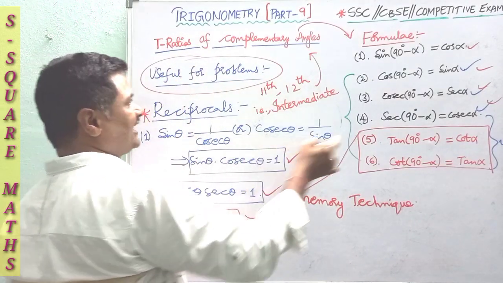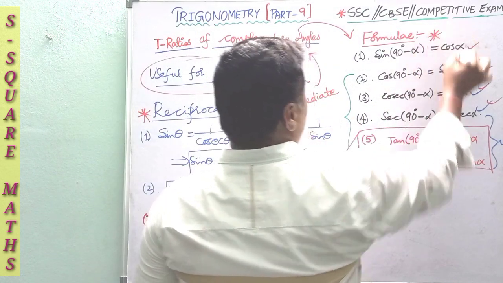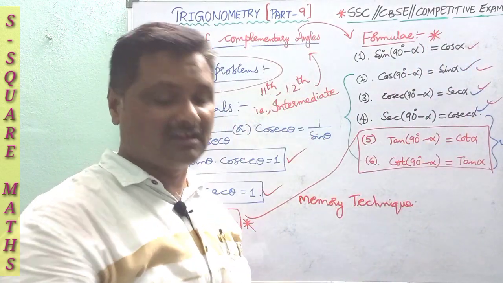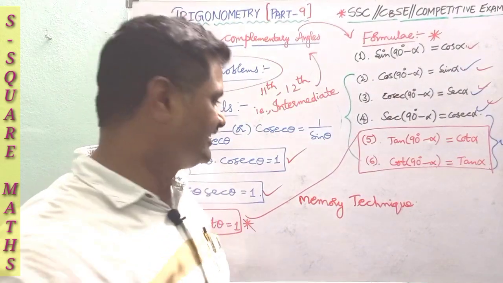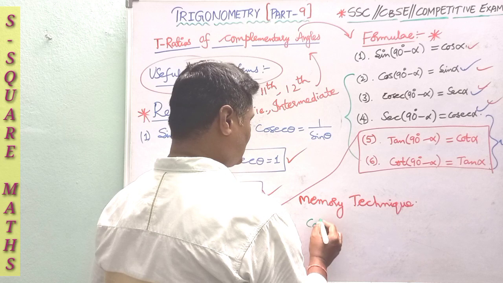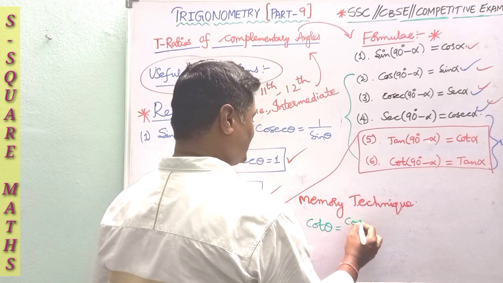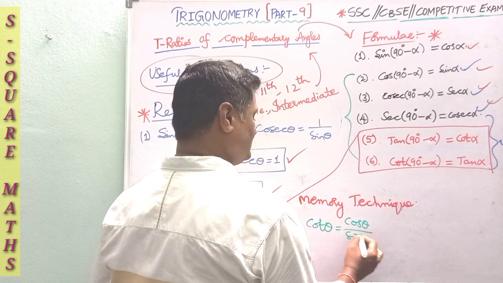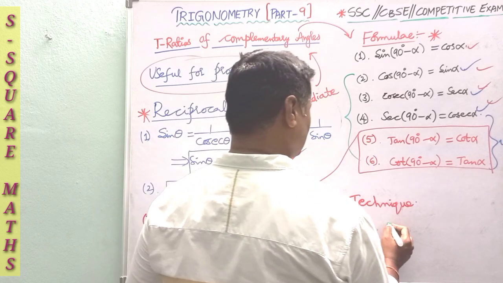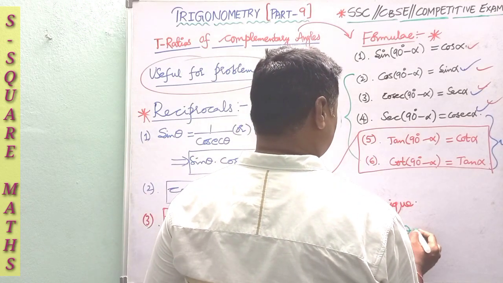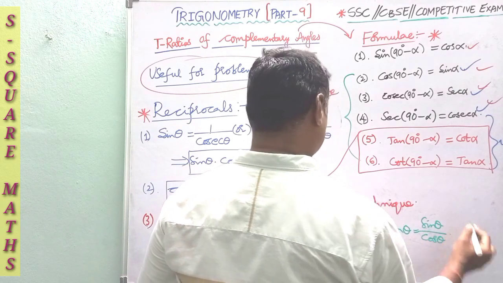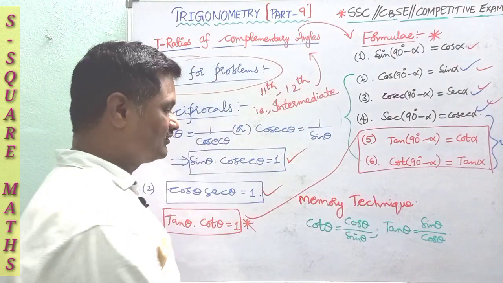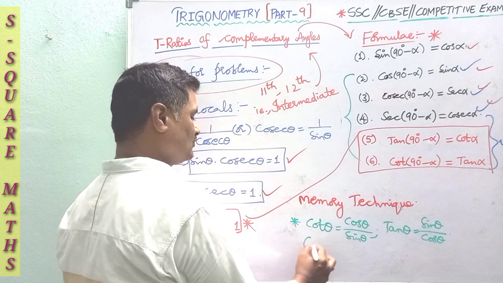Last but not the least, we also use cot theta is equal to cos theta by sin theta and tan theta is equal to sin theta by cos theta. Okay, so this is also a useful quotient formula.